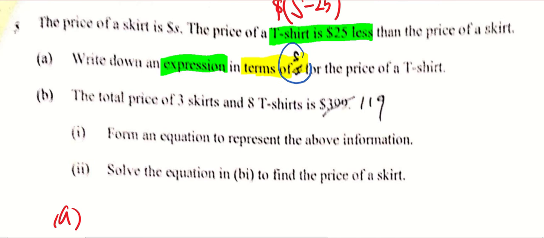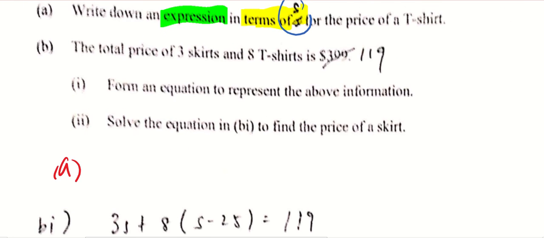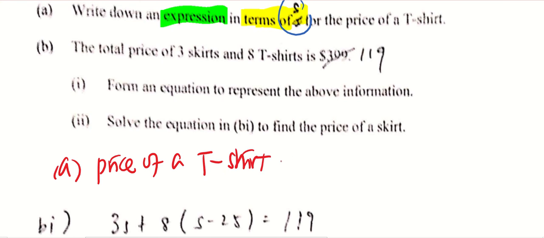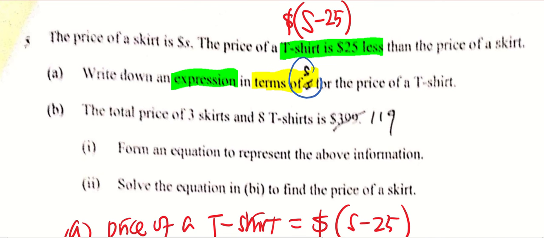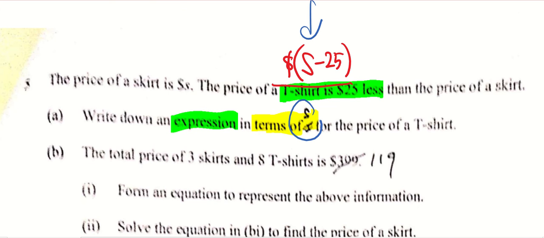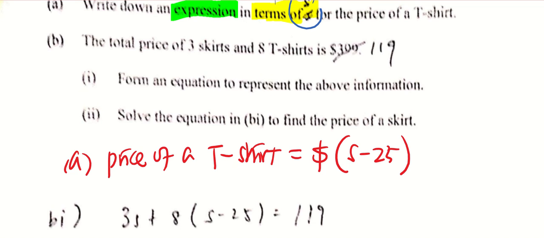Part A, we are asking for the price of a t-shirt, which equals dollar sign S minus 25. So you see, as I read the question, when I do my annotation, I already have answers coming out. Please do that, okay? Please do that.